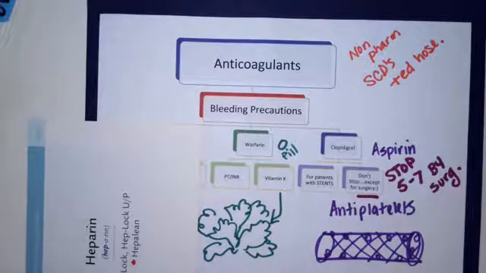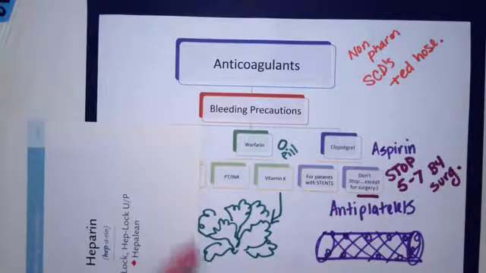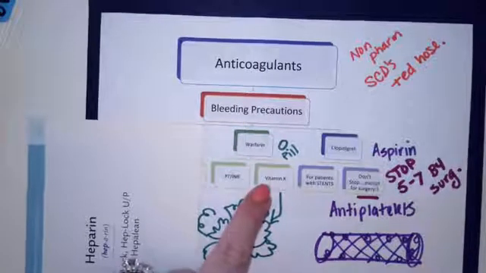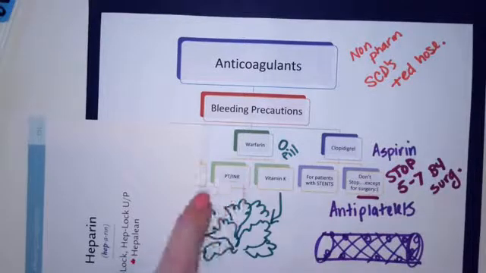You don't want to start eating a whole bunch of them all of a sudden, and you don't want to stop eating them very quickly because it's going to change your warfarin levels. So just think about vitamin K, it's in those green leafy vegetables, and that helps you remember that vitamin K is also the antidote for warfarin. So we measure our patients' warfarin levels with the PTINR.